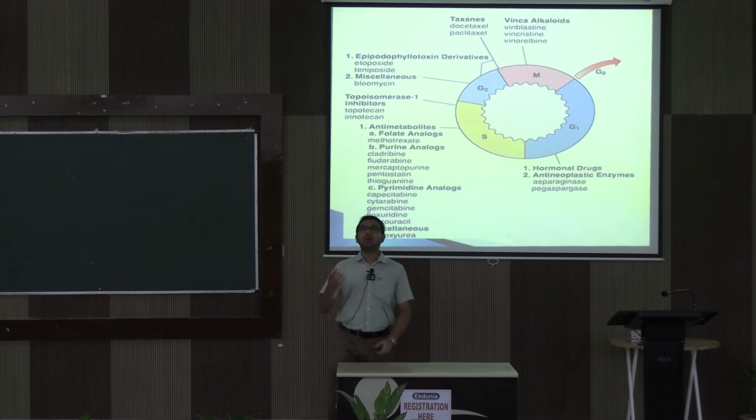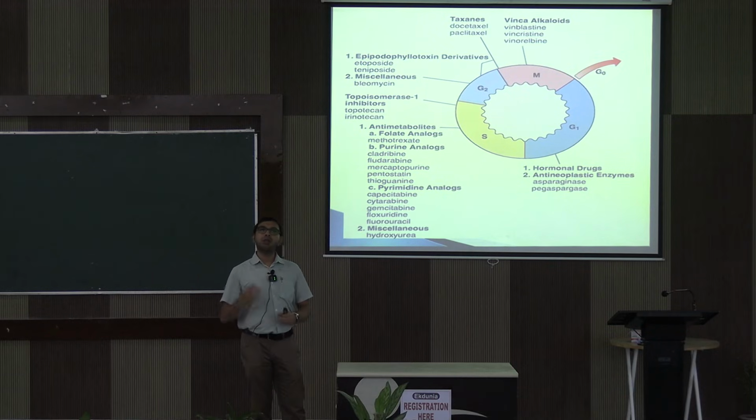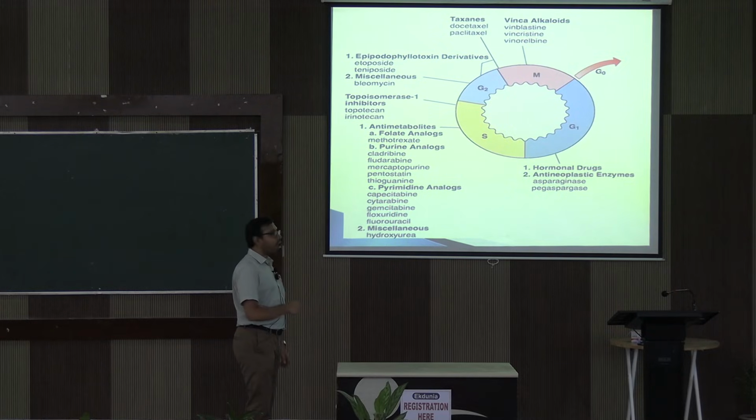Methotrexate is also used in rheumatoid arthritis and is also an anti-cancer drug. Purine analogs like cladribine, fludarabine, mercaptopurine, thioguanine act on the synthetic phase. Pyrimidine analogs like capecitabine, cytarabine, gemcitabine, fluorouracil, commonly used, also act on the synthetic phase. Hydroxyurea also acts on the synthetic phase.